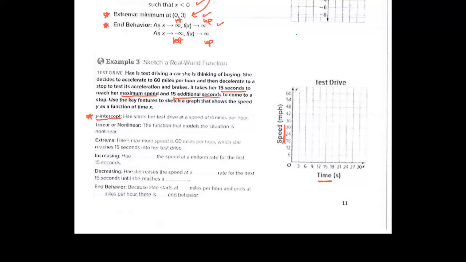She starts her test drive at a speed of 0 miles per hour. Well, she's starting it, she is at time 0, right? And she is also starting at 0 miles per hour. So we're going to put a point at that origin. Go ahead and place a point in that lower left-hand corner.